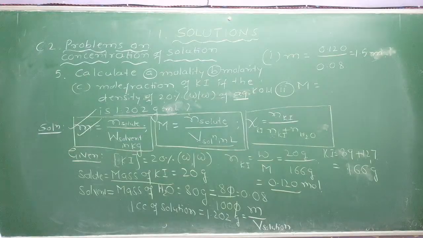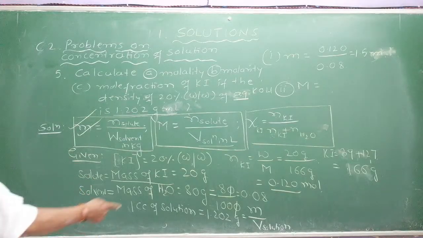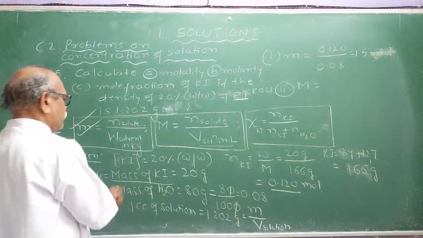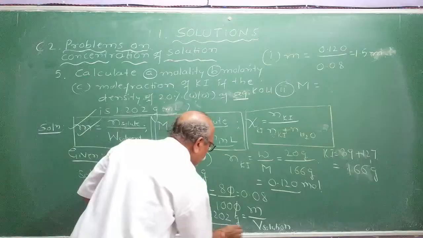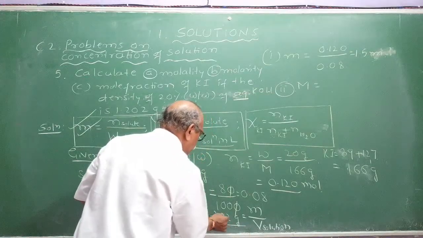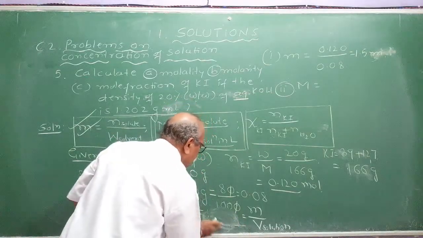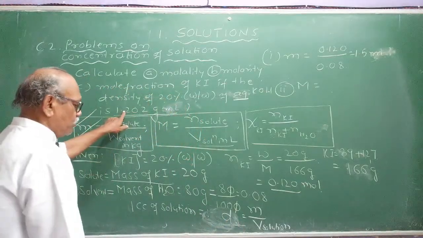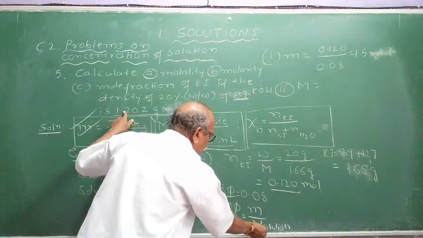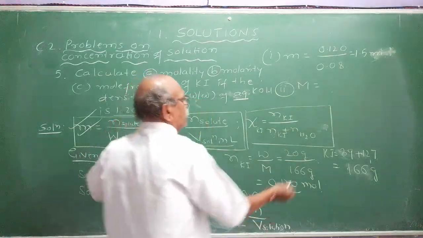Now, how can we get the volume of the solution? Because we want the volume of the solution in liters. For that, the mass is already given to you, right? Now, you are given the density. To get the volume, you take volume to the left, density to the right.